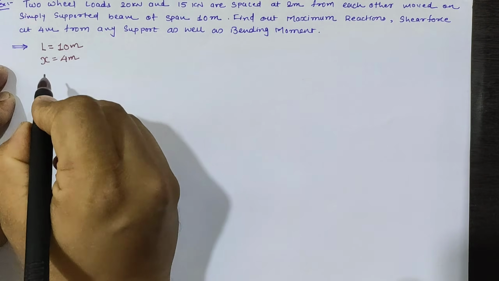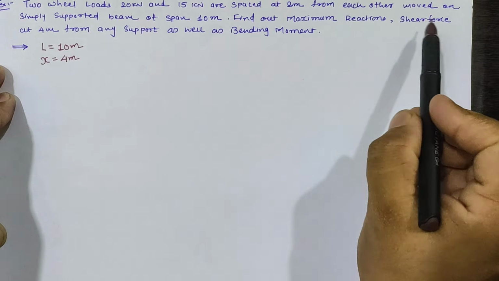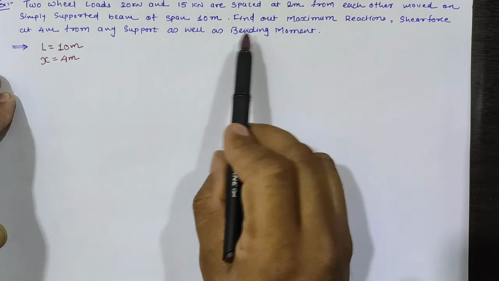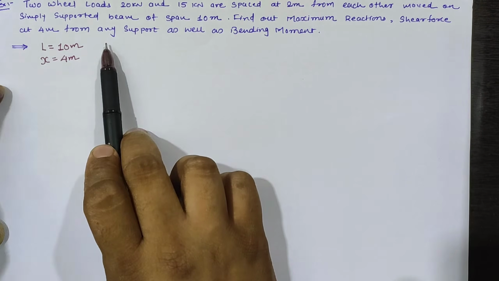So first of all, we have to draw the influence line diagram for reactions, shear force at 4 meter as well as the bending moment at 4 meter at the support.